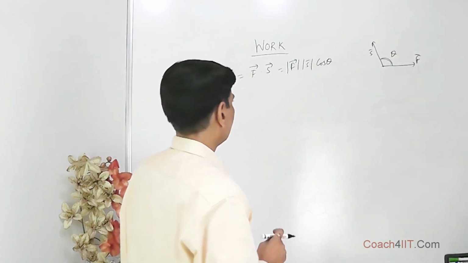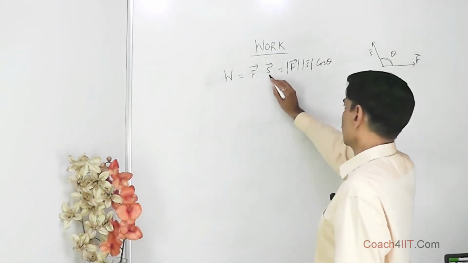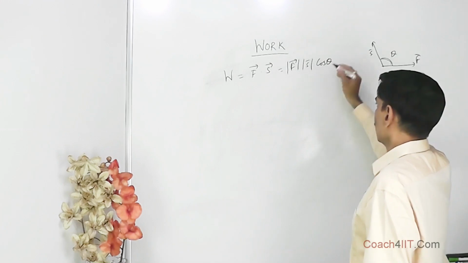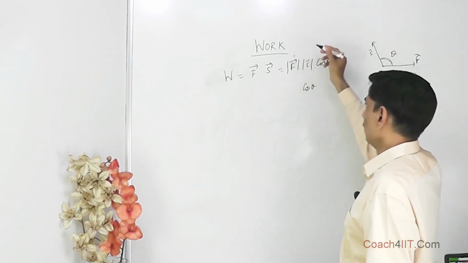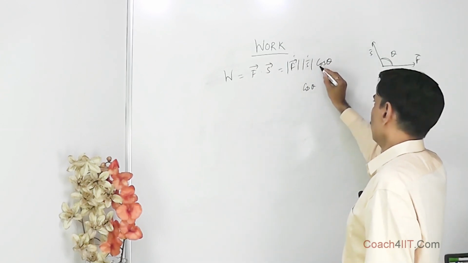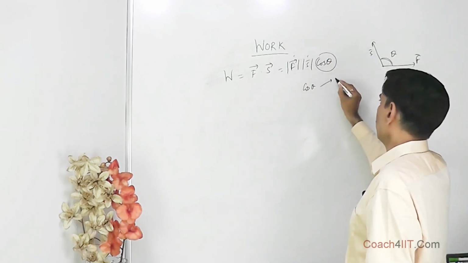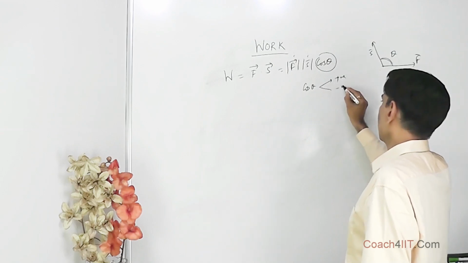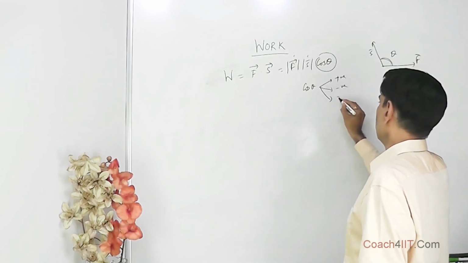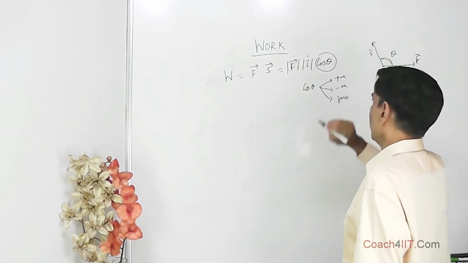So now, as work is F dot S, Fs cos theta, now the magnitudes are obviously positive, but the cos theta term can be positive also, it can be negative also, and it can be 0 also. When is it positive?